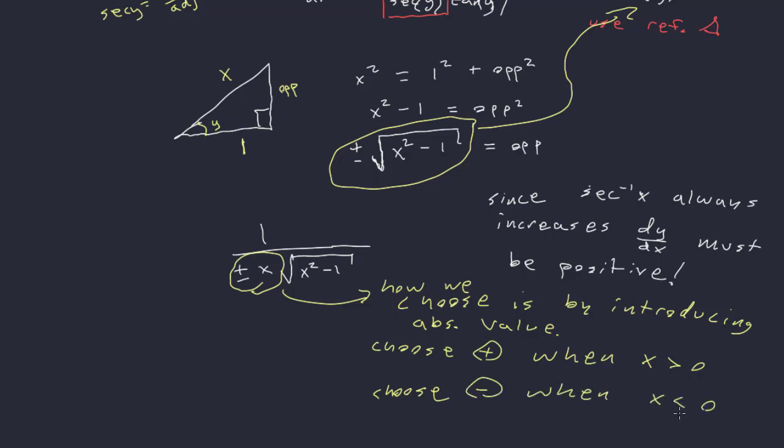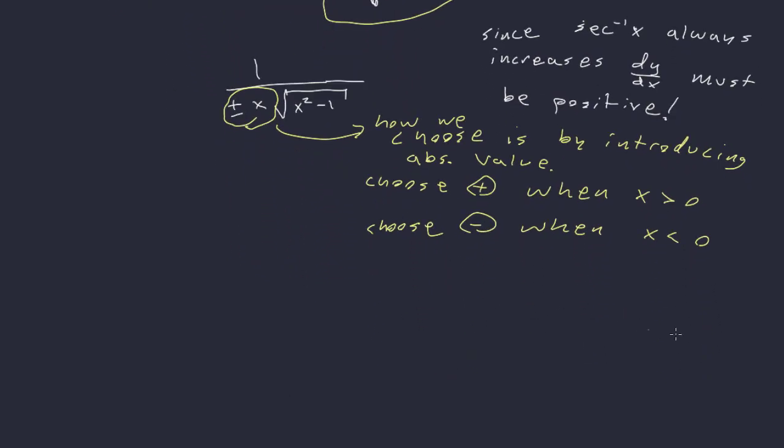Well, guess what? That's the same thing as throwing in an absolute value. So it turns out at the end of the day that our derivative dy dx is equal to 1 over the absolute value of x times the square root of x squared minus 1. And that just takes care of the fact that this needs to be positive always.